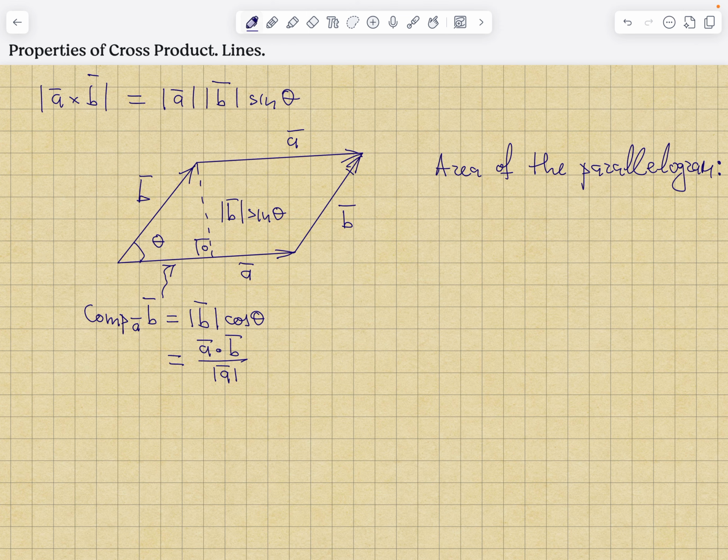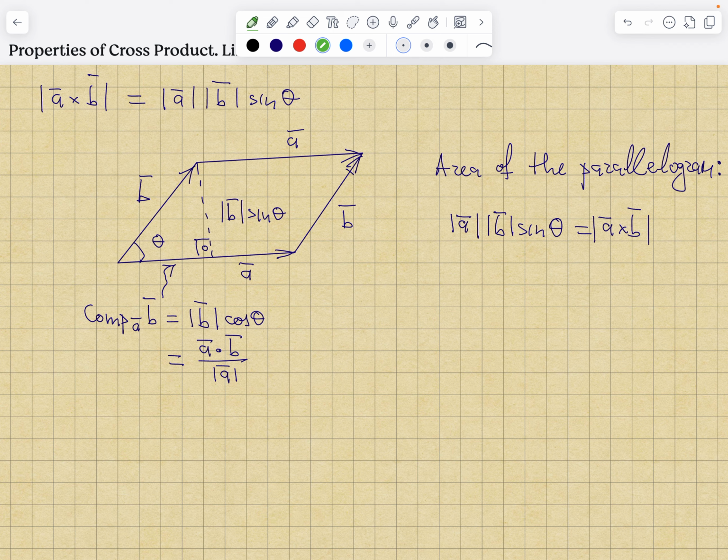So area is equal to magnitude of A, length of the base, times the height, length of B sine theta. And of course, that is exactly the same thing as the magnitude of a cross product between A and B. So that is one version of a geometrical interpretation of magnitude of A cross B.